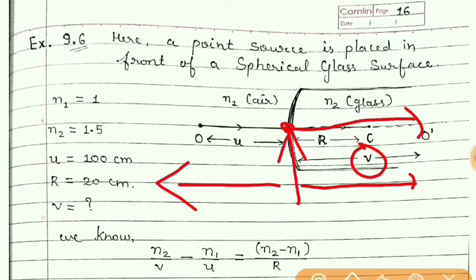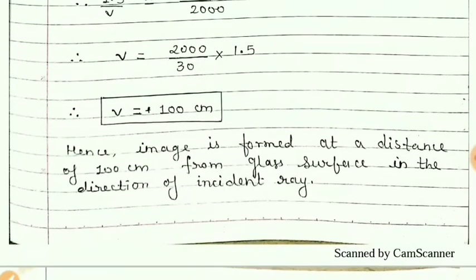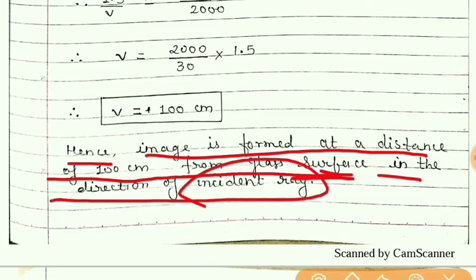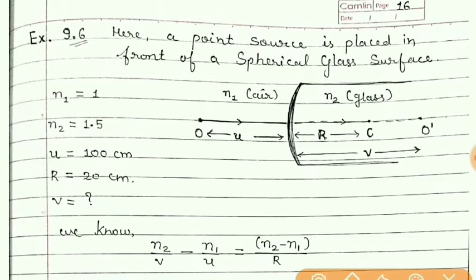But here v obtained is positive, so it is towards this side. So finally we can say that the image is formed at a distance of 100 centimeter from the glass surface in the direction of the incident ray. See what I have written: in the direction of incident ray. So what is the direction of the incident ray? It is this. So it is formed in the direction of the incident ray.